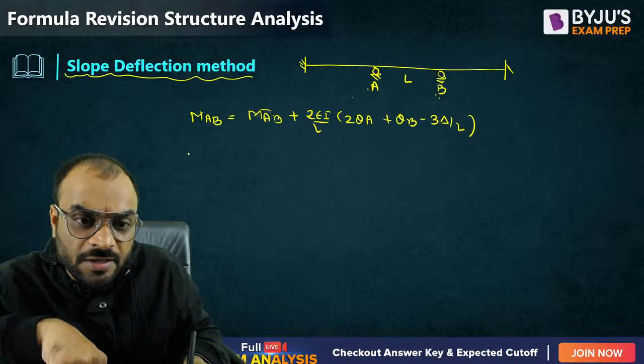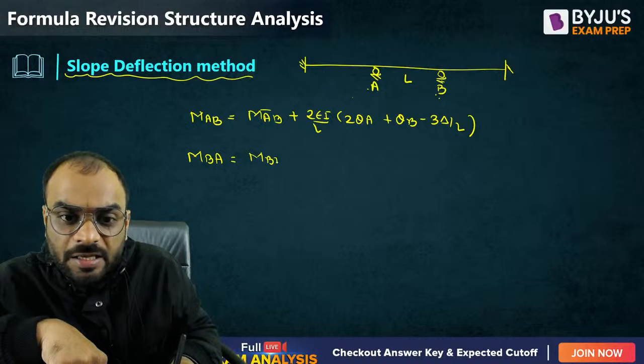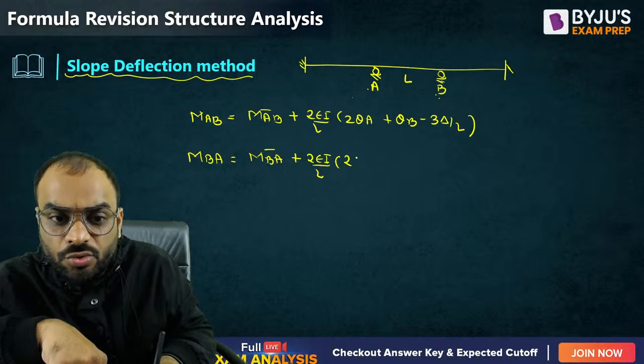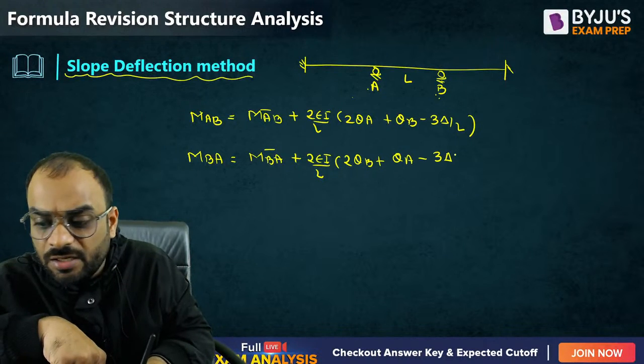This is our formula. Similarly, BA will be MBA bar plus 2EI by L into (2 theta B plus theta A minus 3 delta by L).